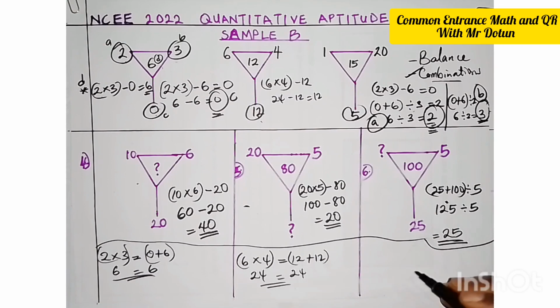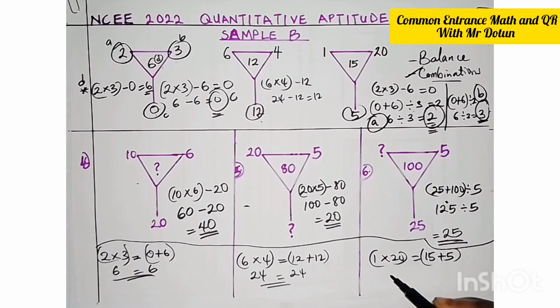We may use it in the other samples we would have in the question. Alright, so here also in the third sample you have 1 times 20 equals 15 plus 5. 1 times 20 is 20 and 15 plus 5 is 20. That's balanced.